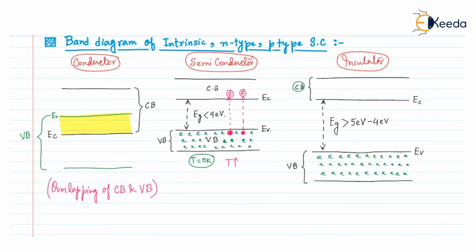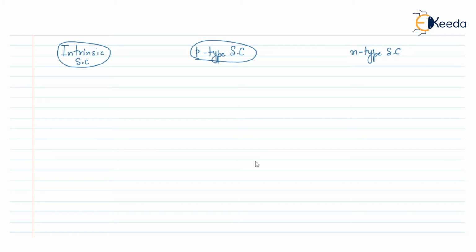Now let us go for the band diagram of an intrinsic semiconductor. We are writing the band diagram for the intrinsic semiconductor, then we will go for the p-type semiconductor, then the n-type semiconductor.